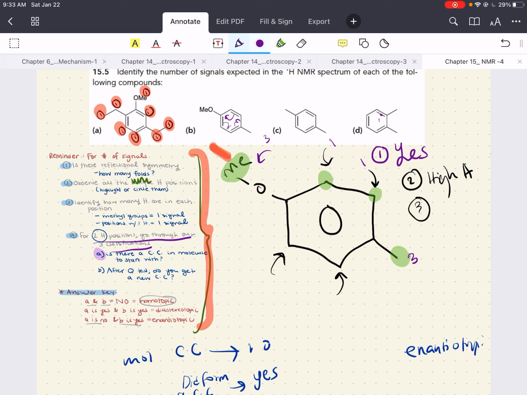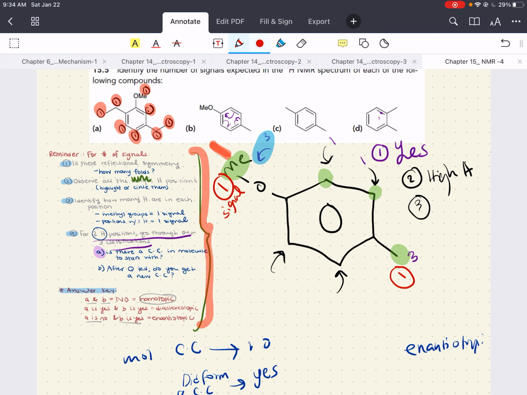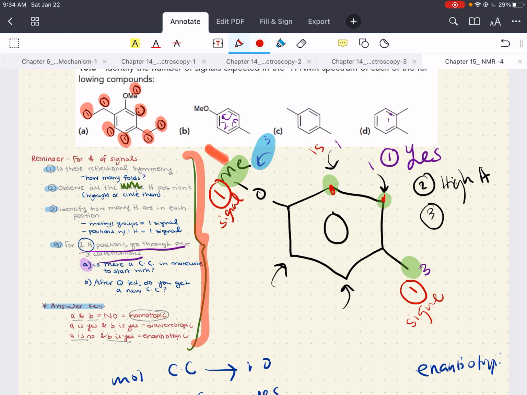So remember what we talked about: when there's a methyl group, all of them are chemically equivalent. What that means is we're only going to see 1 signal at this methyl, and at this methyl, we're also just going to see 1 signal. Now, at these 2 positions, there's just 1 hydrogen. So for these positions, we're also just going to see 1 signal each.